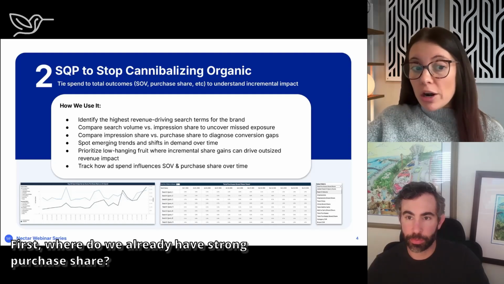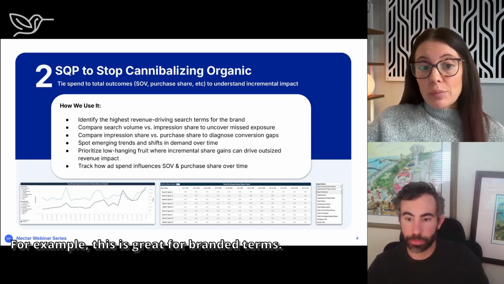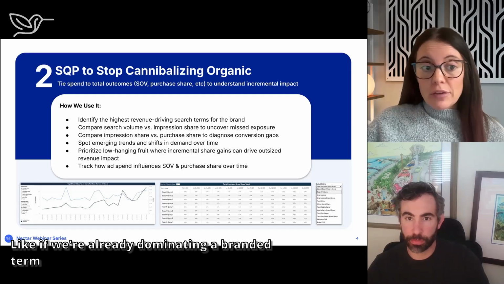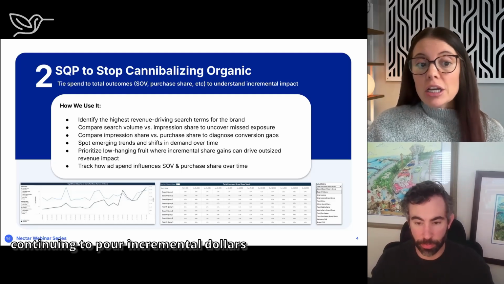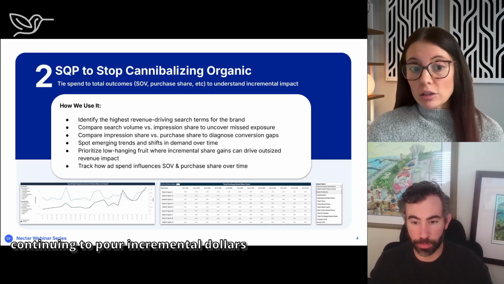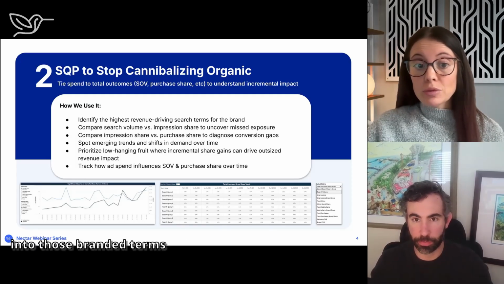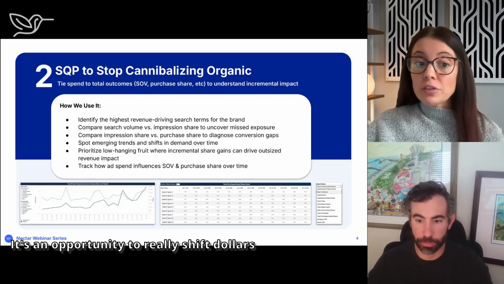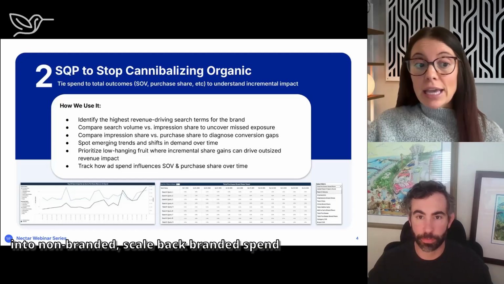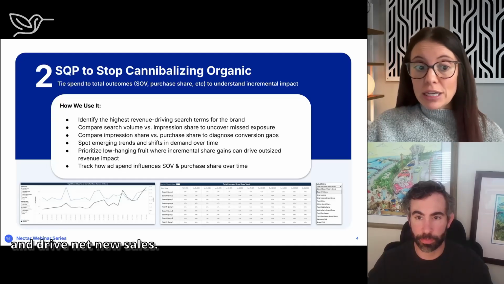First, where do we already have strong purchase share? For example, this is great for branded terms. If we're already dominating a branded term and we're winning 99% of the purchase share, continuing to pour incremental dollars into those branded terms rarely is going to drive any meaningful growth. It's an opportunity to shift dollars into non-branded, scale back branded spend, and drive net new sales.